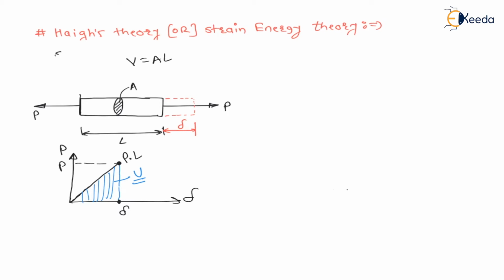Strain energy per unit volume is capital U divided by V, which is small u, and this is a material property.